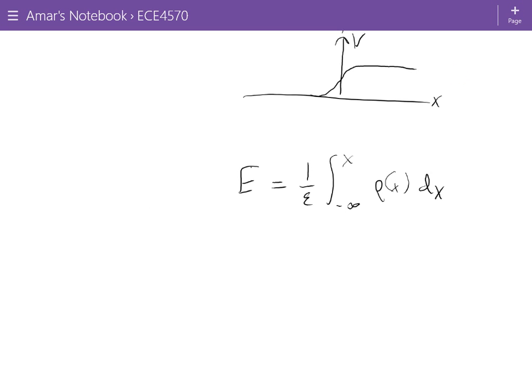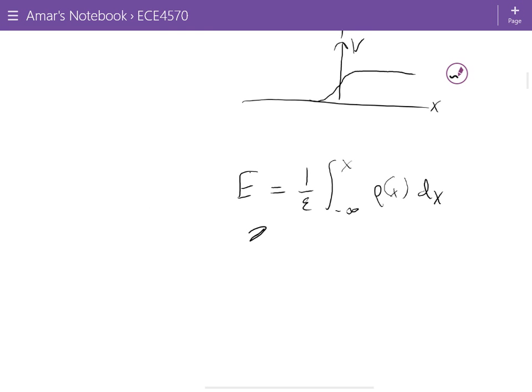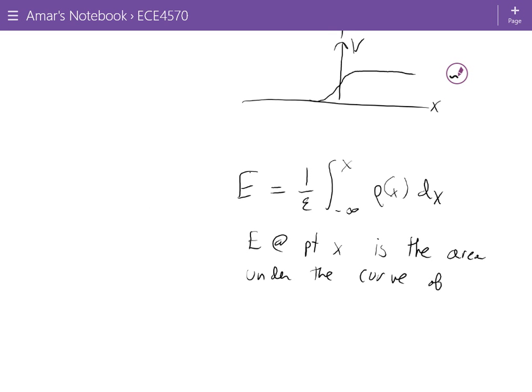So if we were to state this in words, the electric field at point x is the integral, or the area under the curve, of everything to the left of x.